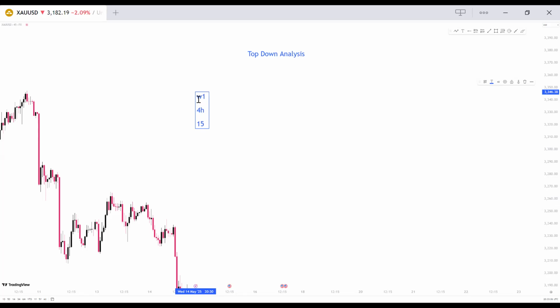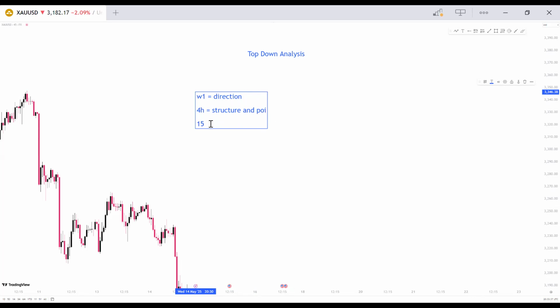Weekly for direction. 4 hours is for marking your structure and POI. You cannot mark your structure on the 4 hour time frame and say you are going to the 1 hour time frame to mark your POI.